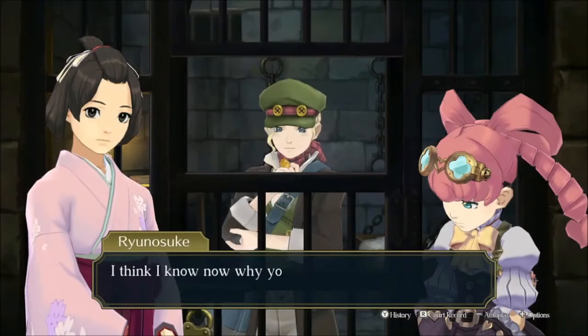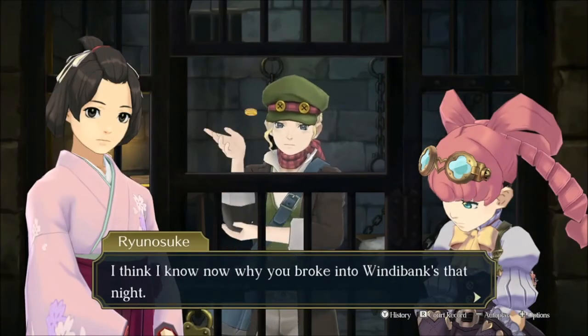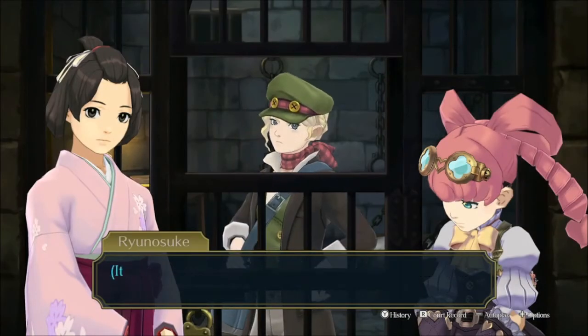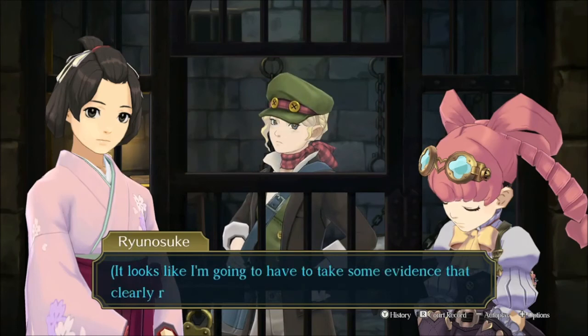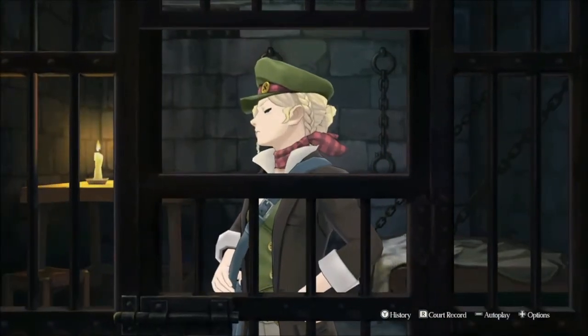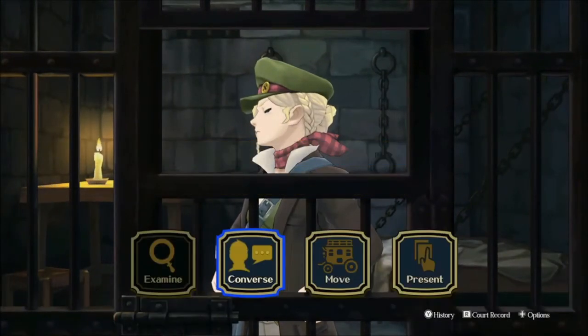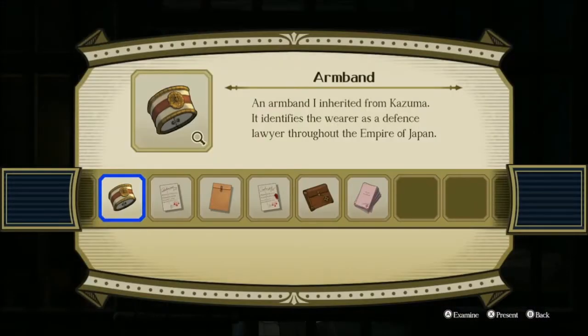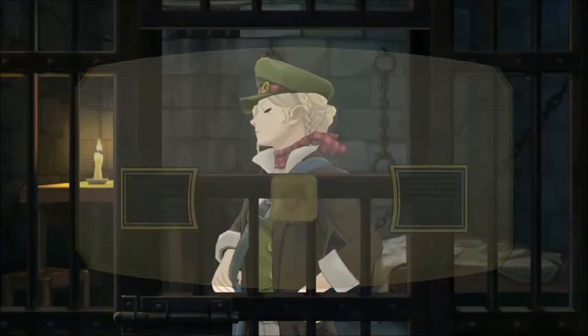We don't know who the real culprit is, but there's a number of interesting facts we've established. Well, we figured out why you were there in the first place, huh? I think we know why you broke into Windibanks. Okay, shove this evidence at her. So let's present the evidence. I'm pretty sure it's this manuscript.